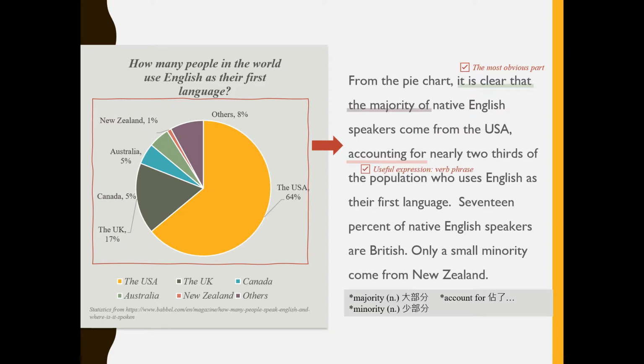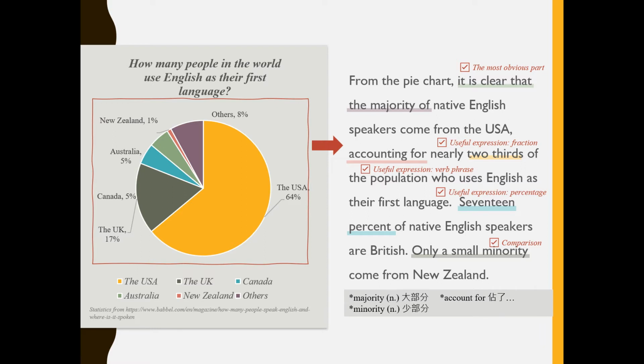The third one is a verb phrase. Account for. The next one is fraction. Here we say 2 out of 3 and it can be read like 2/3. Next, we say percent, 17%. The last word is minority.